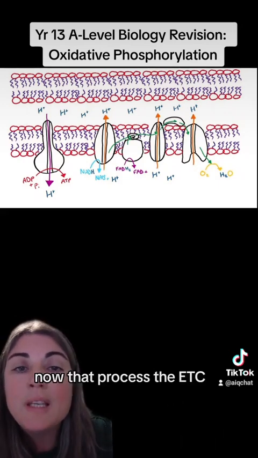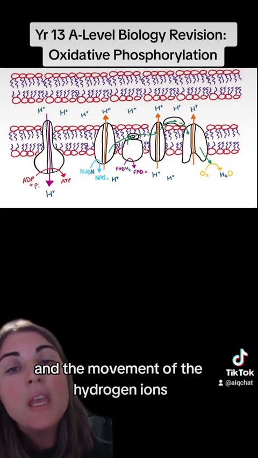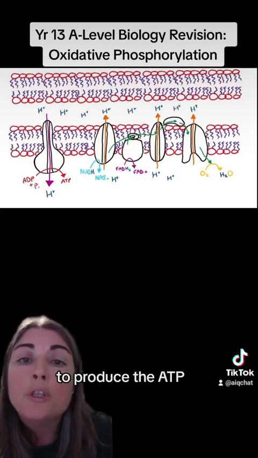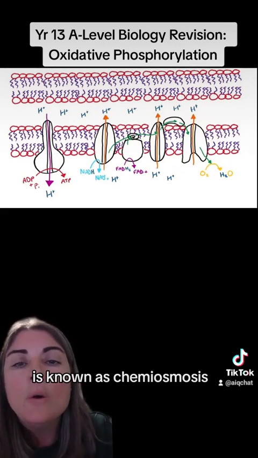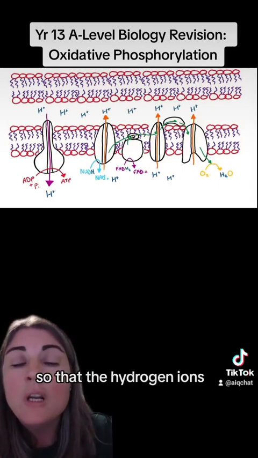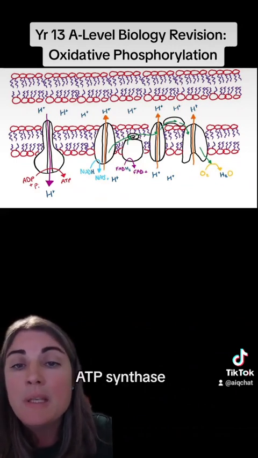Now that process, the ETC, the electron transport chain, and the movement of the hydrogen ions to produce the ATP is known as chemiosmosis, generating a concentration gradient so that the hydrogen ions can then diffuse through the stalked particle, ATP synthase.